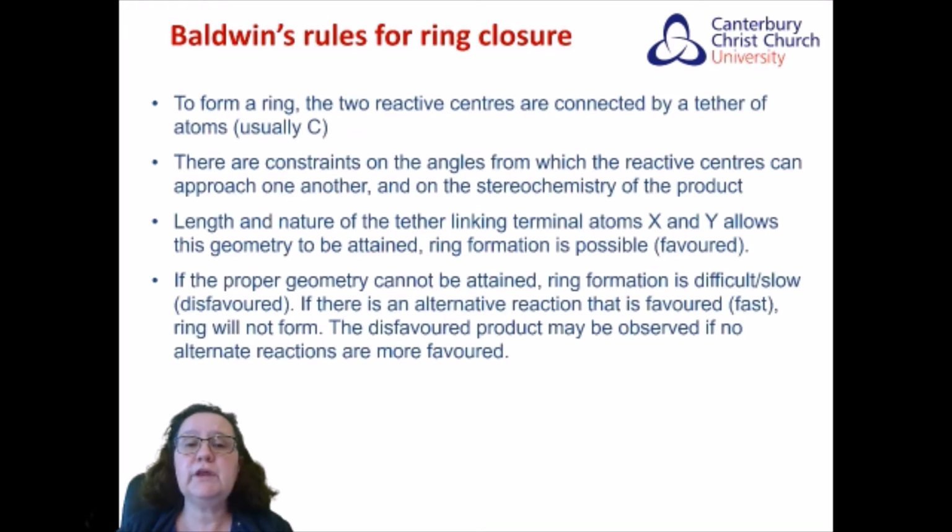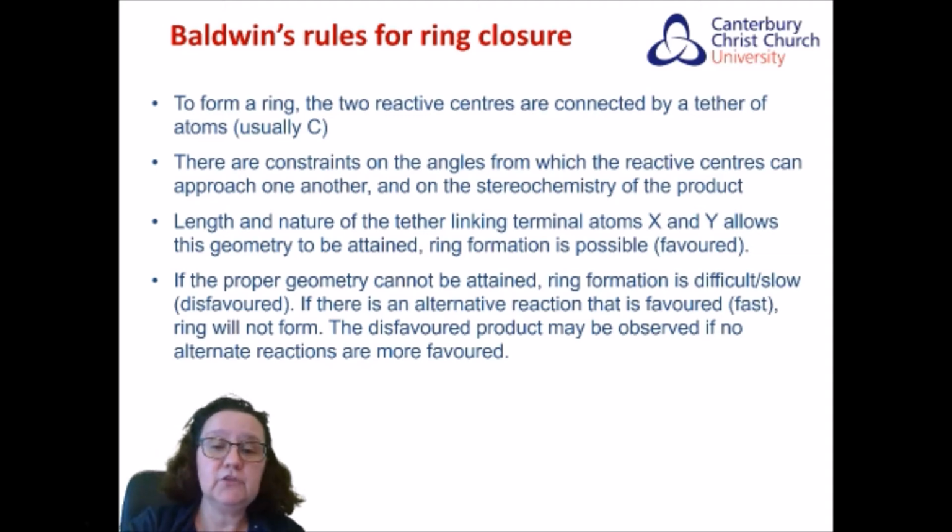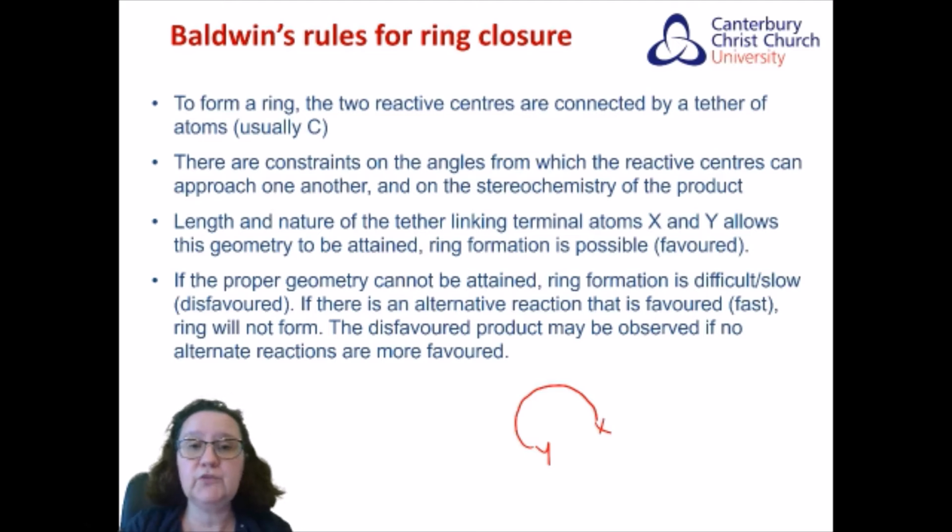So to form a ring, the two reactive centers are connected by a tether of atoms, typically, although not always, carbon. So you have a series of atoms, and your X and your Y, the two reactive centers that are going to close the ring, attach.